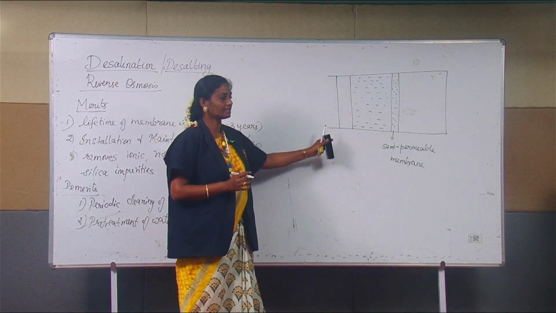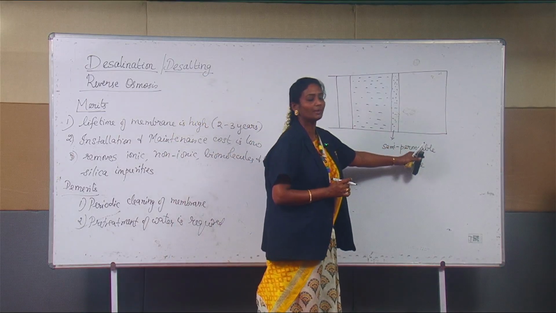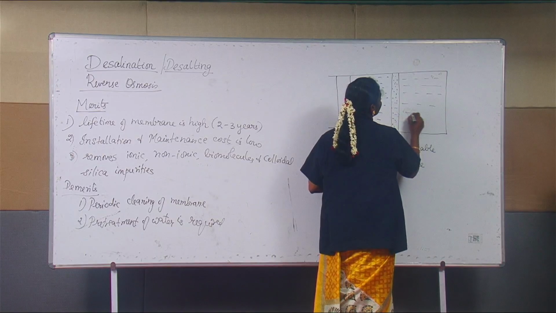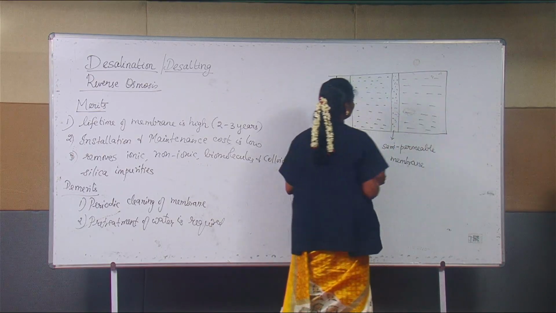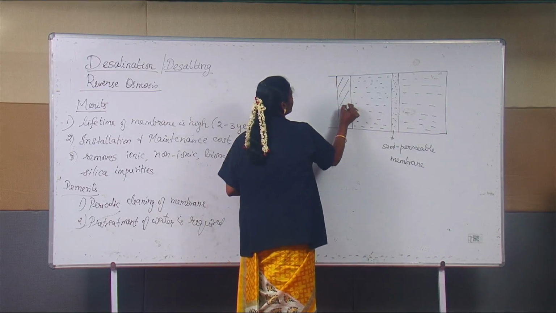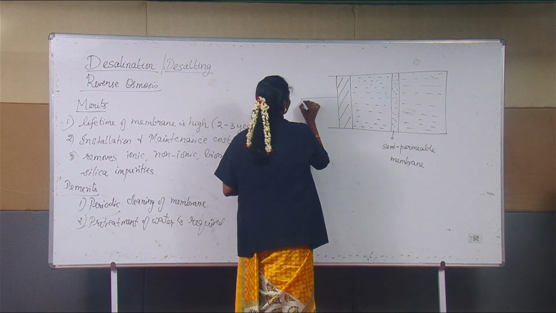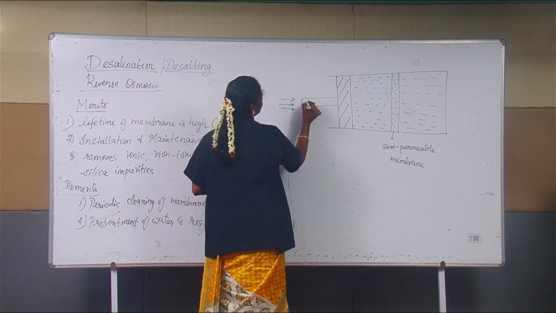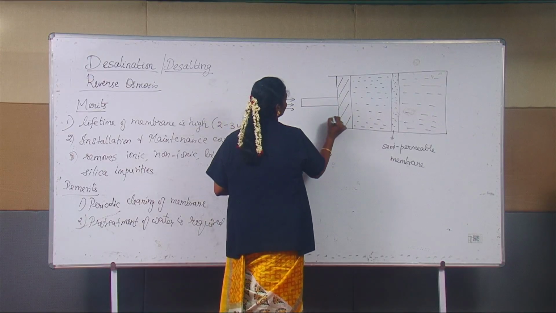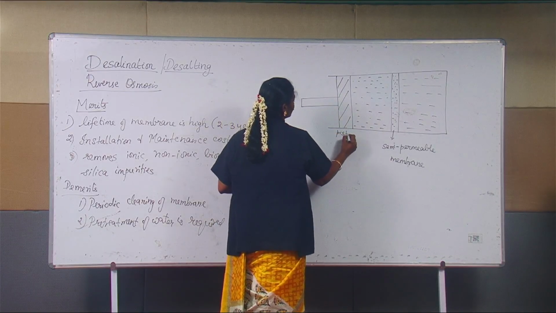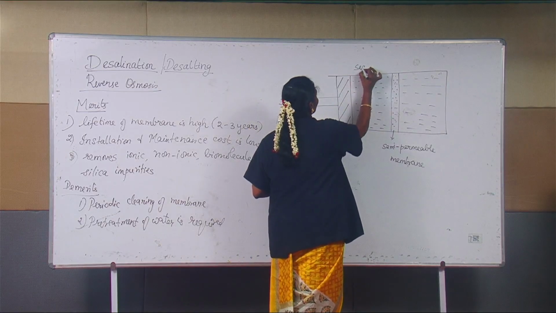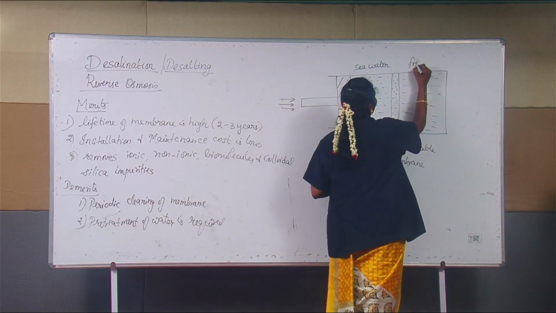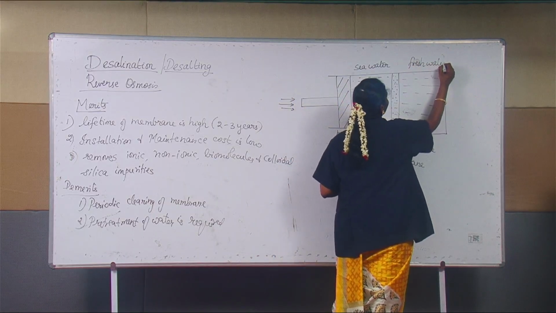On one side we have sea water, separated by a semi-permeable membrane from fresh water on the other side.